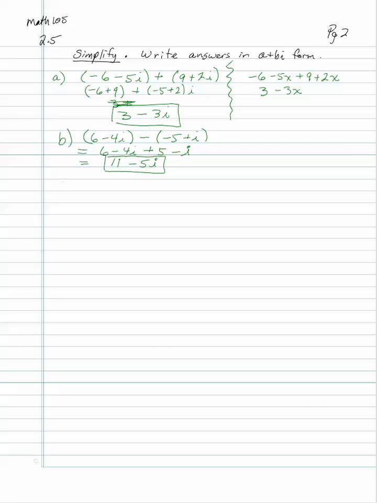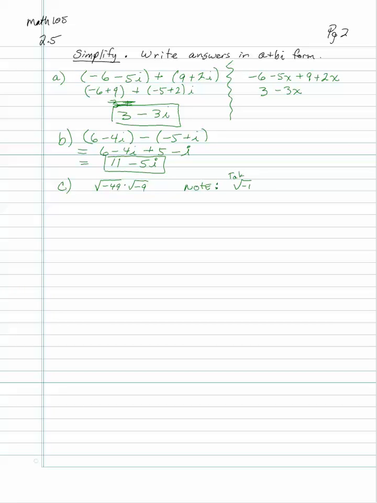Now, how do you multiply radicals like the square root of negative 49 times the square root of negative 9? Now note, remember what I said before: before you can use radical rules, you have to take care of the square root of negative 1.